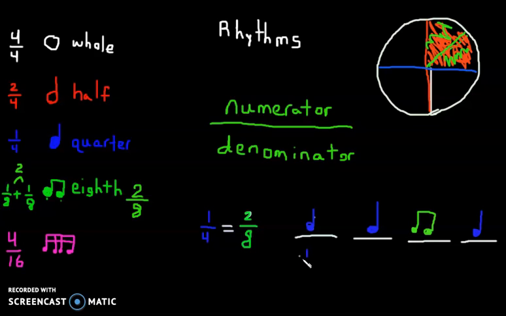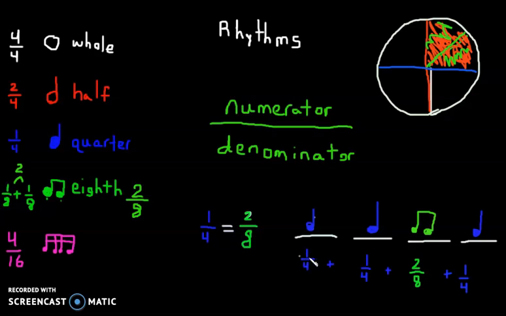I have 1 over 4 plus 1 over 4 plus 2/8. 1/8 plus 1/8 is 2/8. Right there. Plus 4.